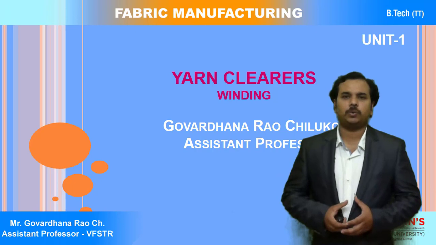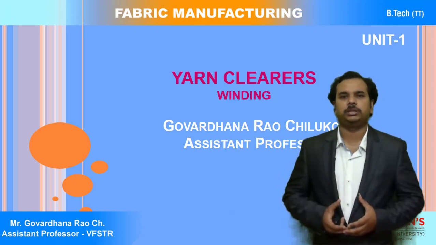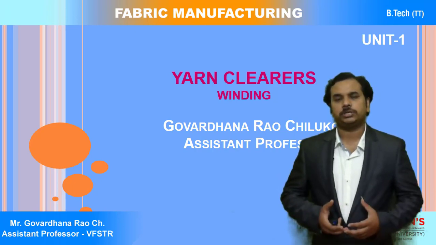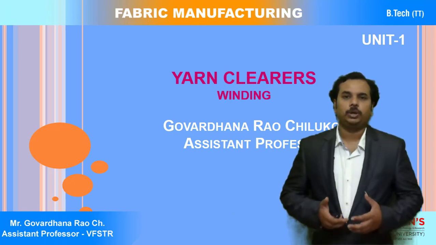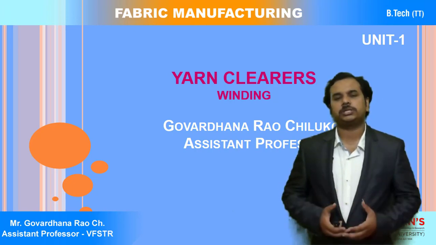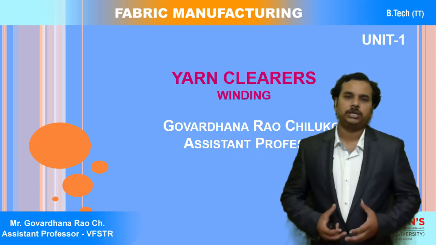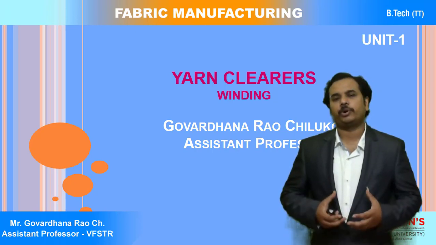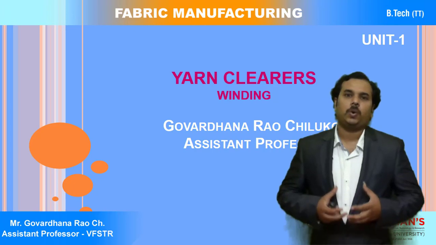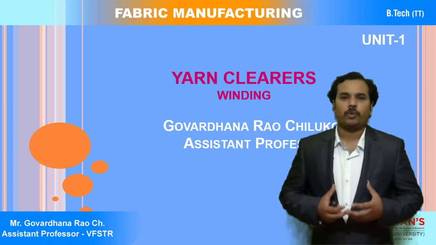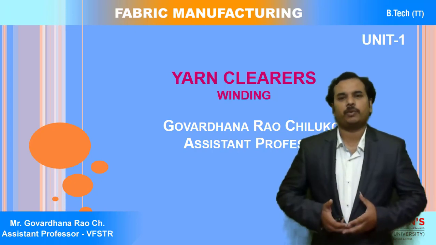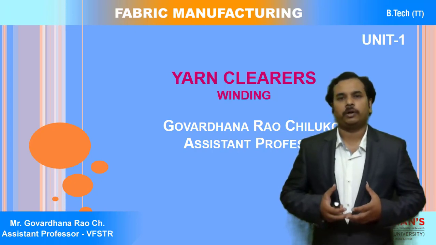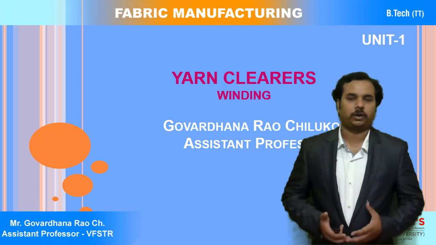We have seen the different parts available in the drum winding process as well as the precision winding process. So today we are going to discuss one of the parts, a very important element, where in the winding process we are going to satisfy one of the objectives of winding technology.